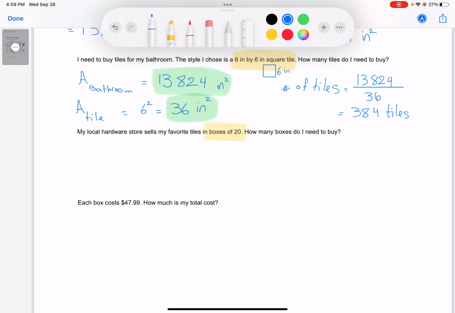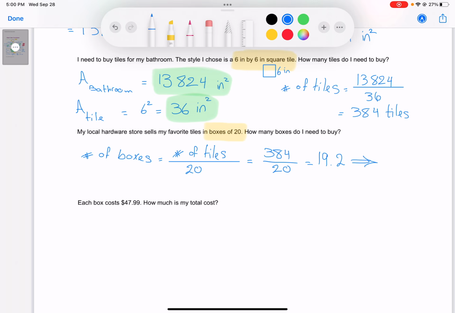Okay, to answer this problem, I take the number of tiles. So to get the number of boxes, I'm going to take the number of tiles, and I'm going to divide it by 20 because there are 20 tiles per box. 384 divided by 20 is actually 19.2.